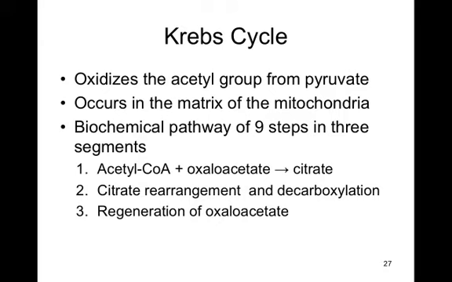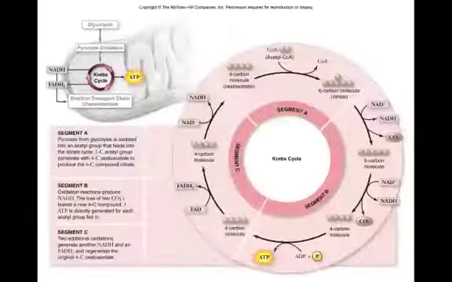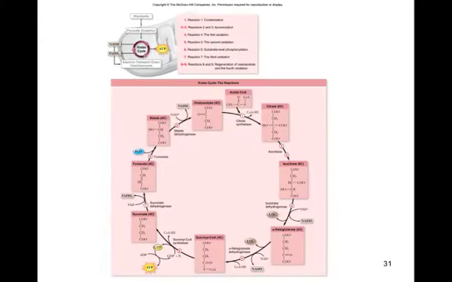And there are 9 steps in 3 segments. Again, we can look at the complex version, and you can take a sigh of relief here to recognize that you don't have to know every single one of these intermediates. We're just going to look at the process in general.